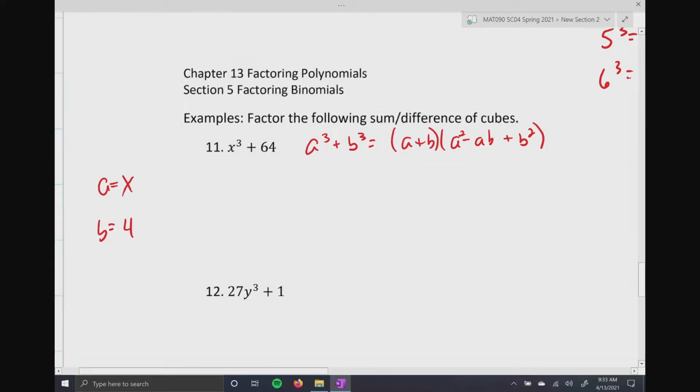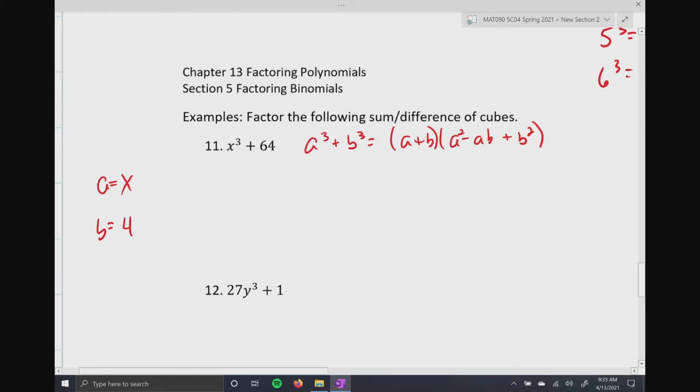All right. Now for us, x cubed plus 64 is going to equal x plus 4. And then we have x squared minus x times 4 plus 4 squared.